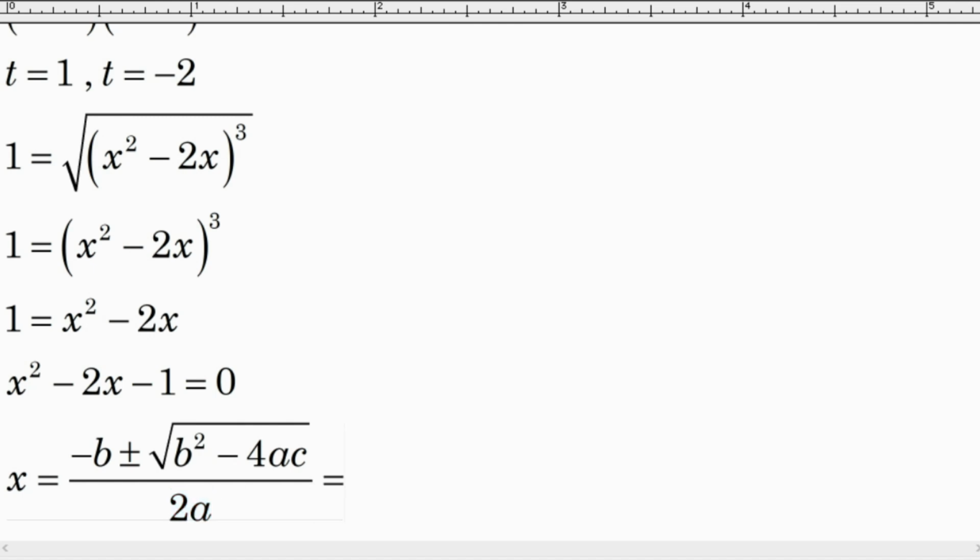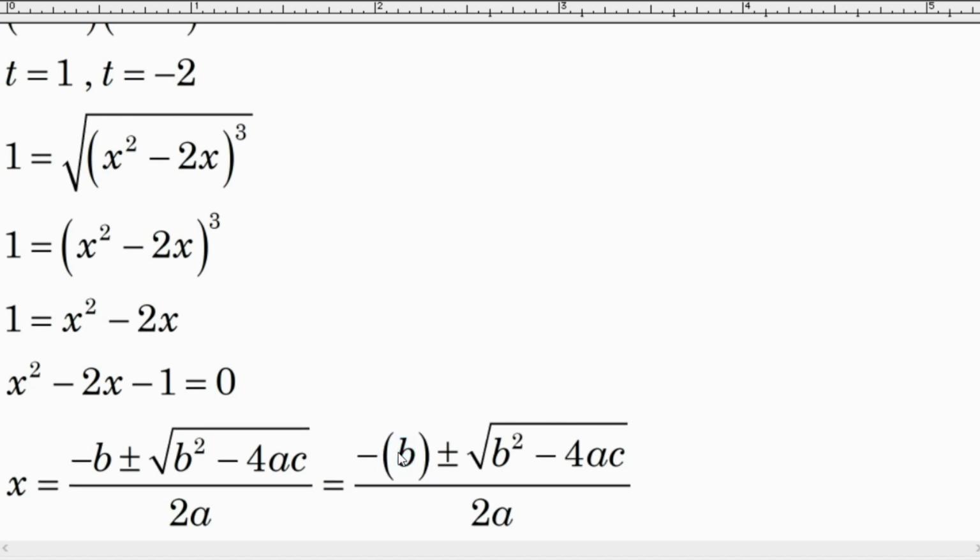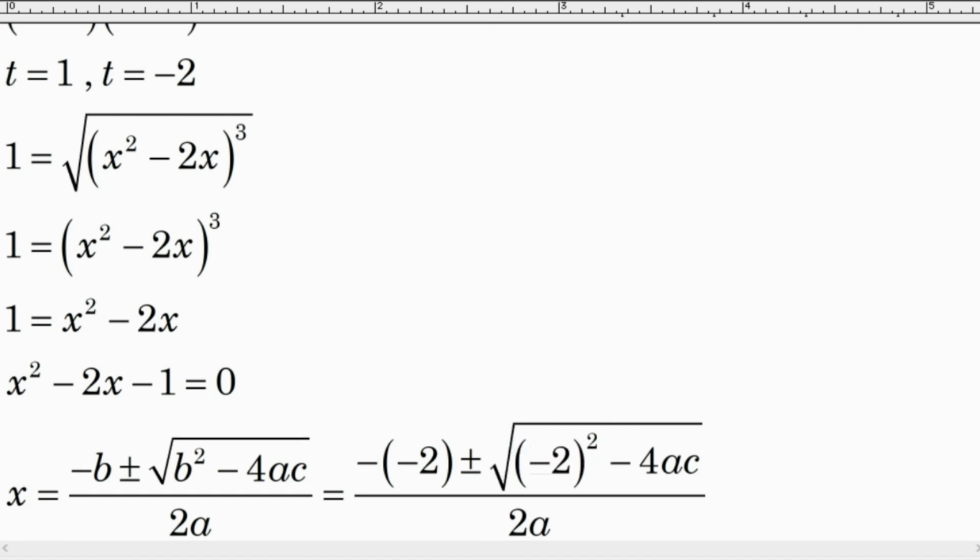Let's substitute the values. We have b = −2, so we get negative 2 here, and here also (−2) squared. Then a = 1, so we don't have to multiply, and c = −1, so we have to multiply by negative 1, and then 2 times 1 is equal to 2.